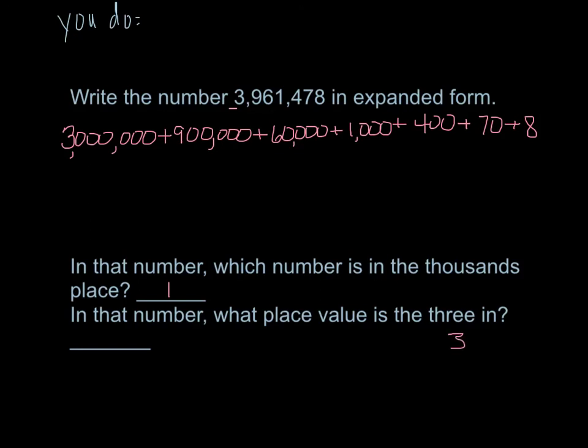So I have to find the 3. There it is. So I need to look at my notes and count back. That's the ones, tens, hundreds, thousands, 10,000s, 100,000s, millions. And so I write the word millions on the line. Hopefully those were the answers you got.